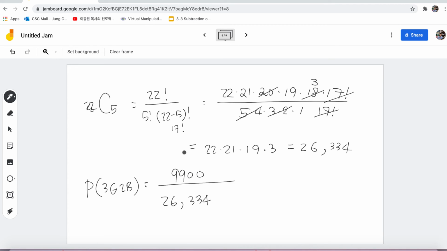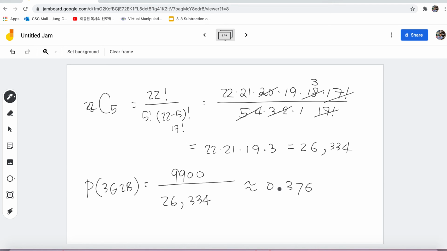So the probability will be this. And if you use your calculator, it's going to give you approximately 0.376, because it's 0.375939 and you can round to the nearest thousandth and you get this number.